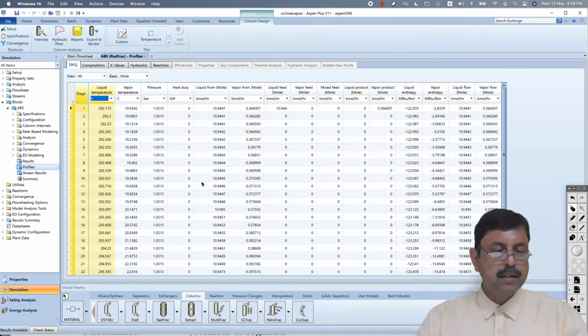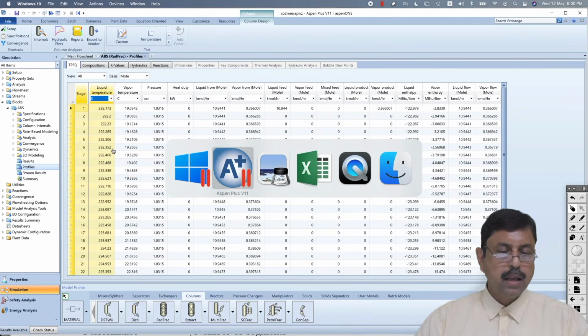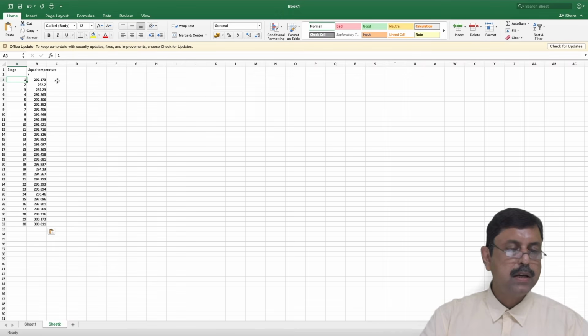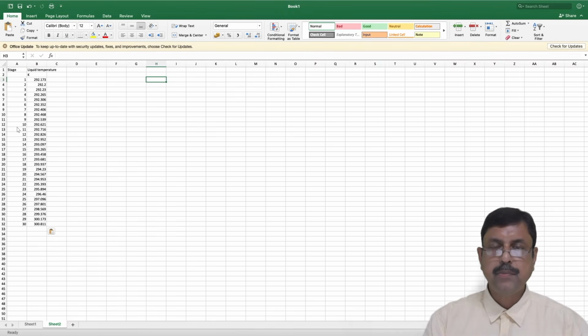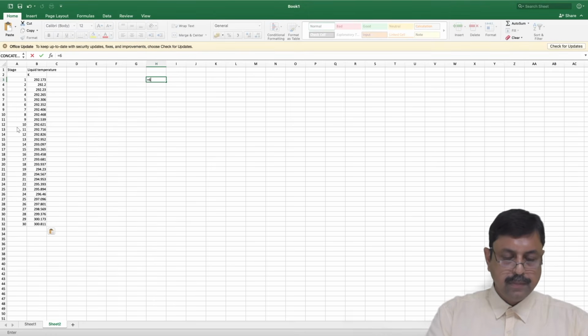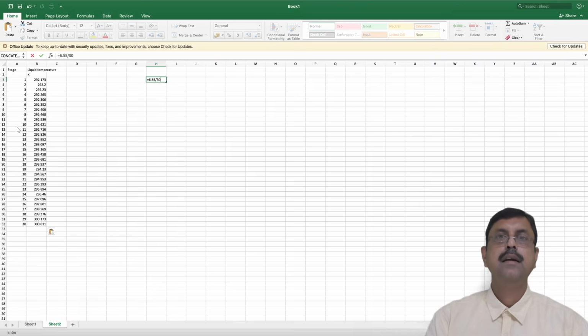For that, let us copy it and go to the Excel file. Now this is stage 1. The height of the column is 6.55 meter and we have 30 stages. So each stage is 6.55 by 30 meter of length.